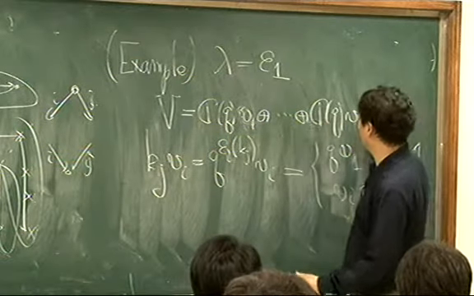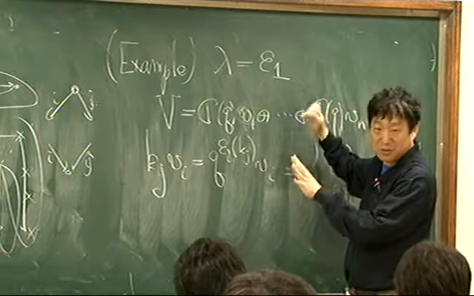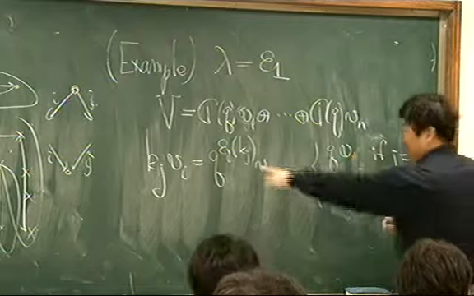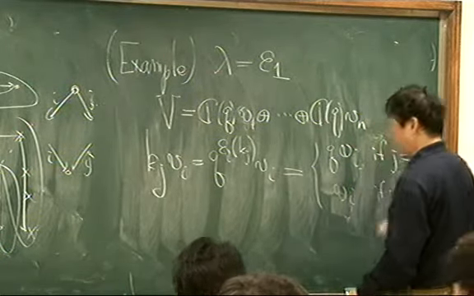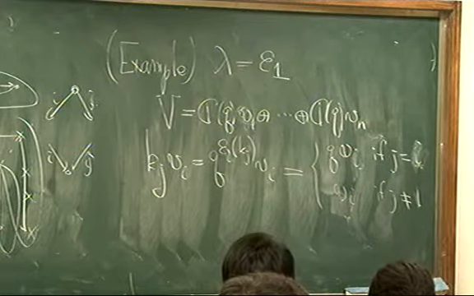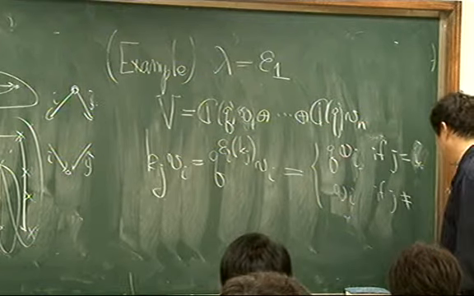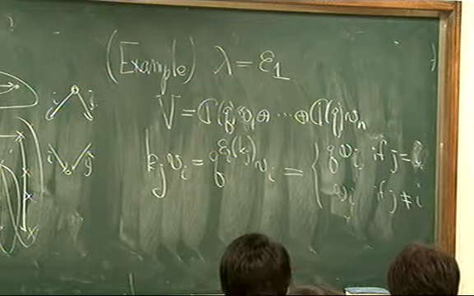I consider the weight of each V_i to be epsilon_i. So what I wrote first is correct, but this was wrong. Does it make sense? Yeah.